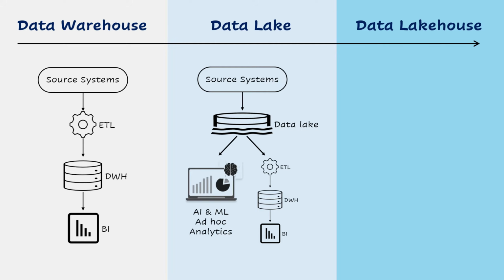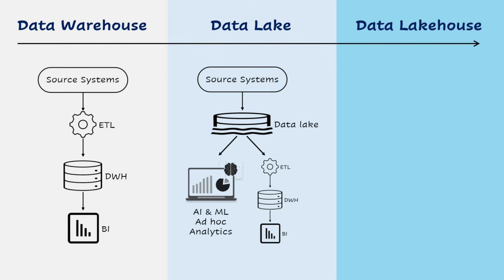You can run ad hoc analytics, artificial intelligence, and machine learning workflows directly on the data lake. However, for more structured business intelligence and routine data analytics, a traditional data warehouse is still necessary on top of the data lake. While the data lake provided flexibility in storing all types of data, it didn't offer the structure needed to efficiently analyze the data.